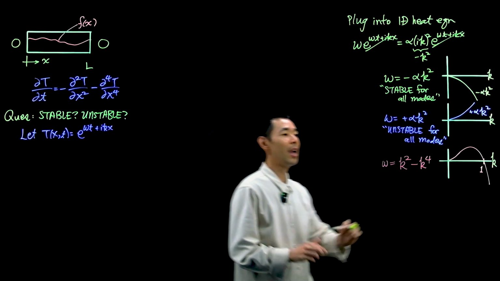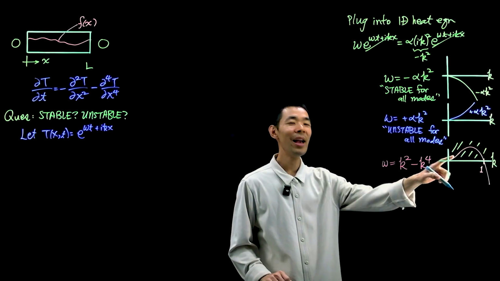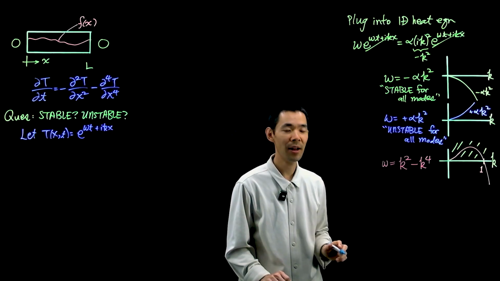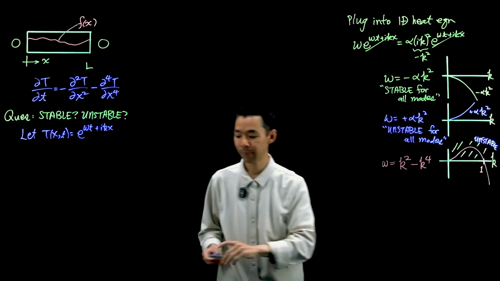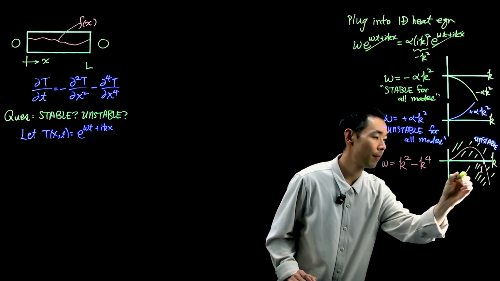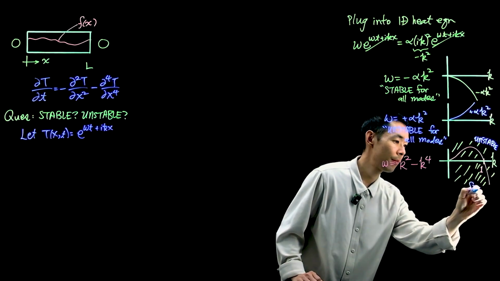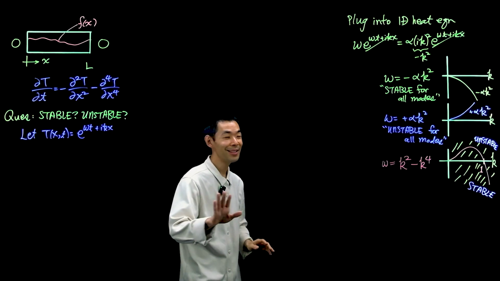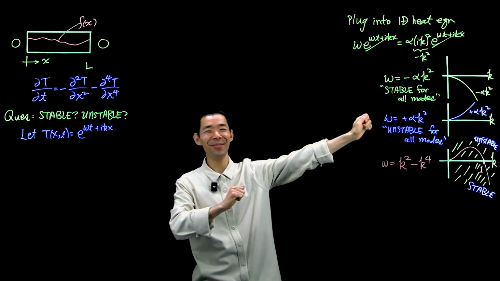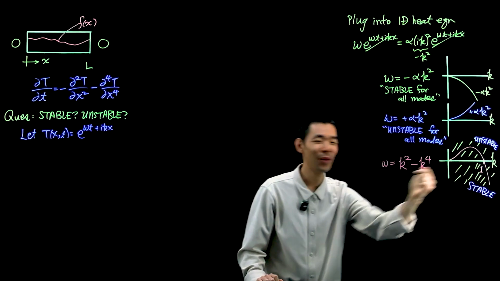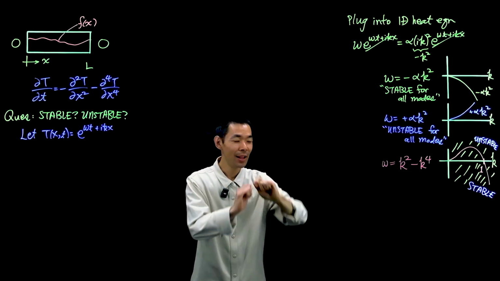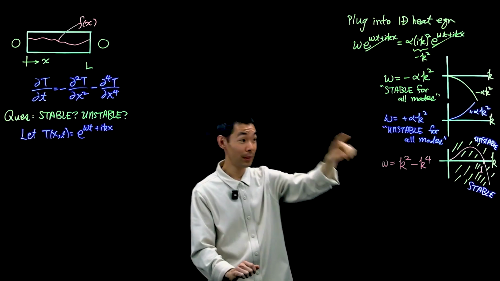So everything up here is unstable. Everything down here is stable. And this means that if I were to give it a wave for k less than 1, those waves are going to grow because you can clearly see it.